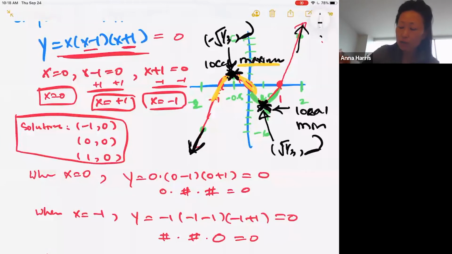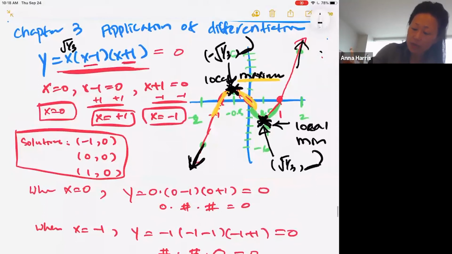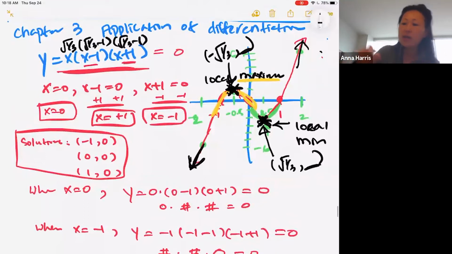Right, so I need to just plug it in. That gives me my y value, isn't it?